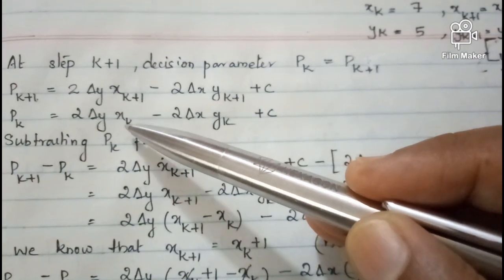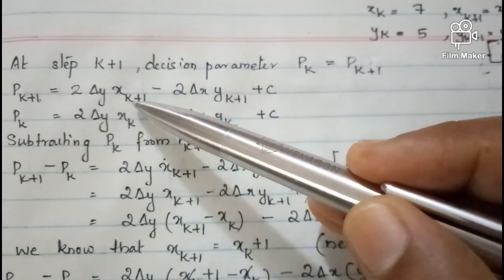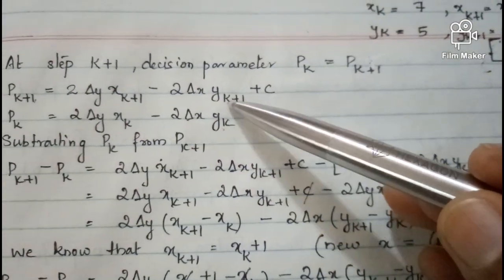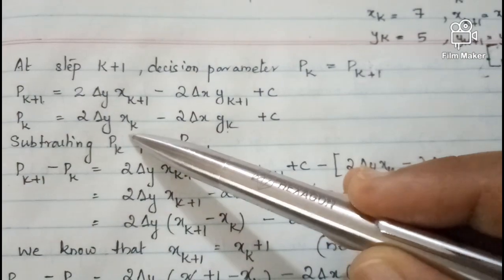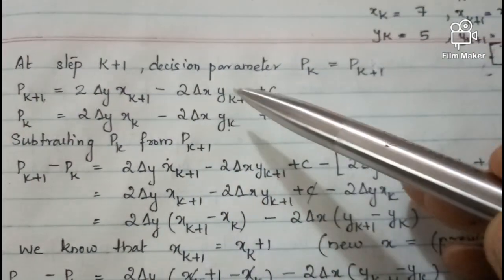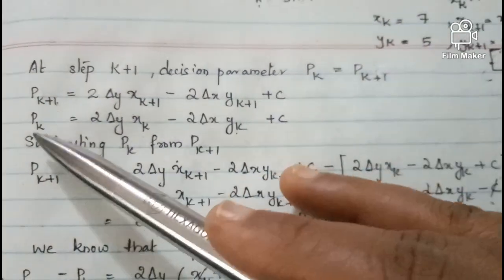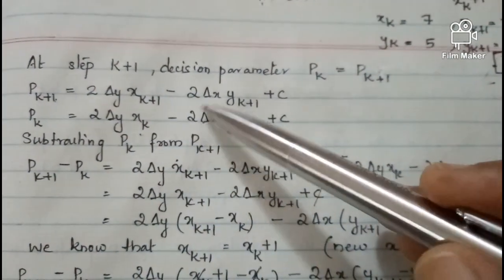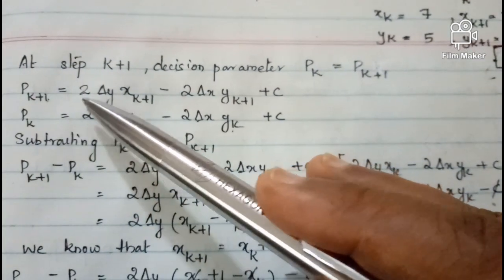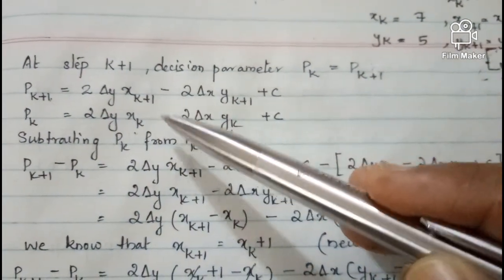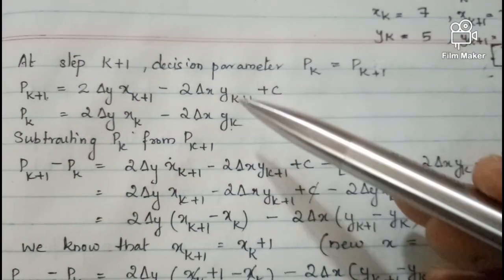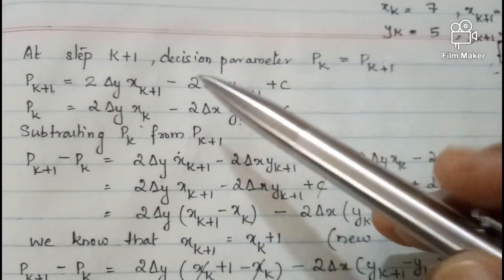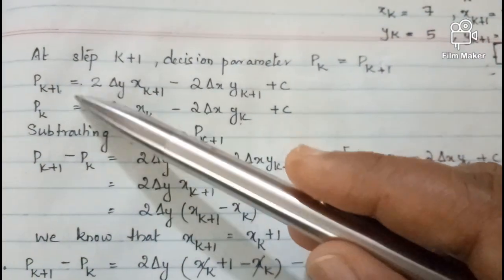That means the decision at xk will become the decision at xk plus 1. Similarly, the decision at yk will become the decision at yk plus 1. So every xk and yk will become xk plus 1 and yk plus 1. So if pk is 2 delta y xk minus 2 delta x yk plus c, pk plus 1 will be 2 delta y xk plus 1 minus 2 delta x yk plus 1 plus c. Clear?